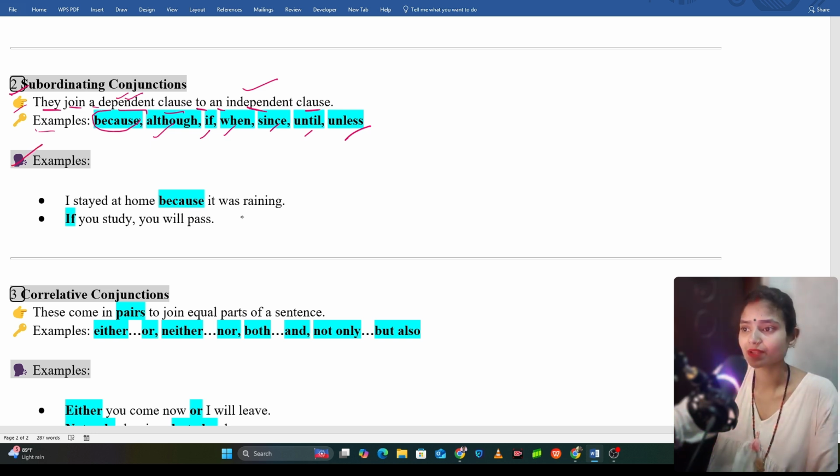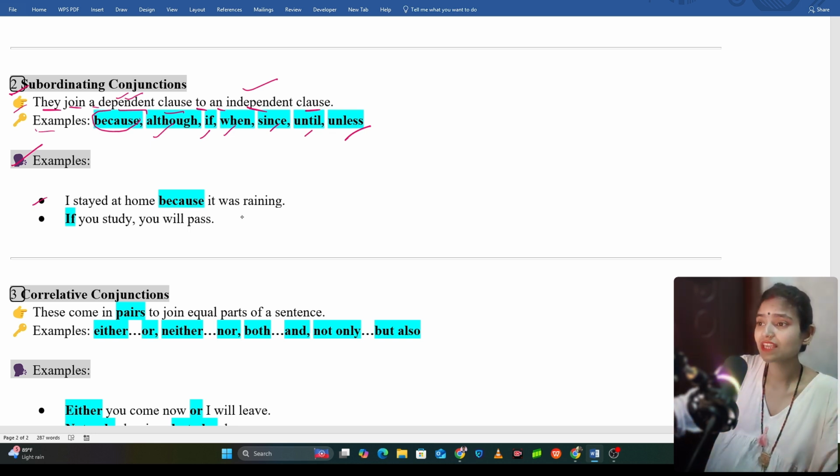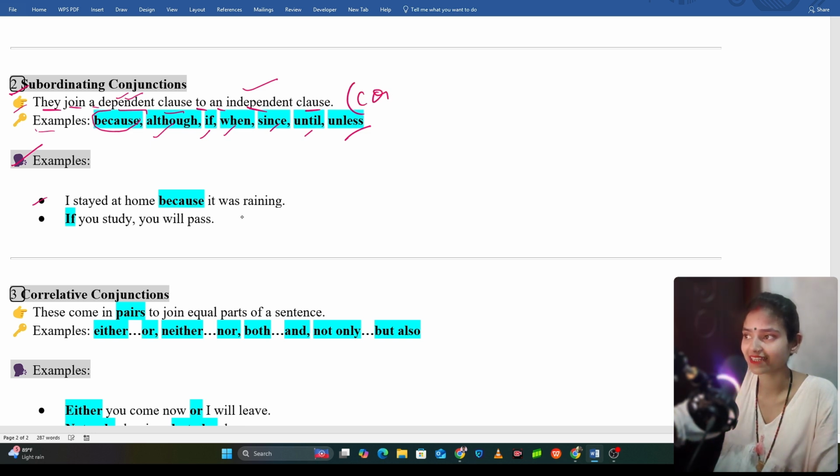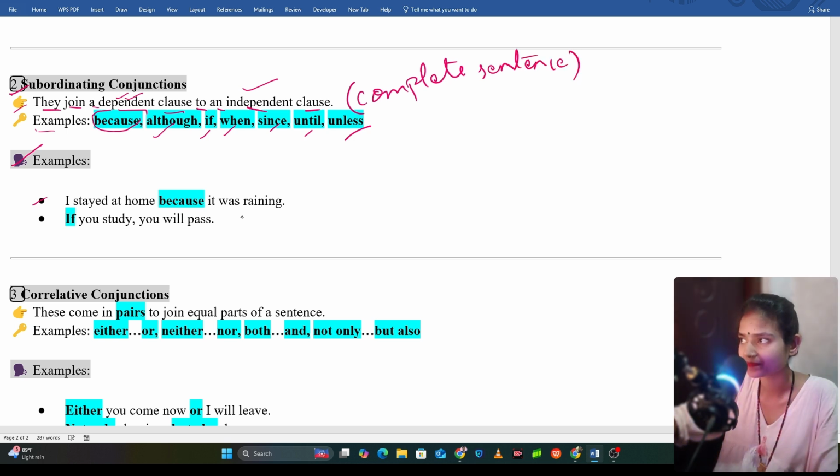Now see the example. We'll see the example, then we'll understand. Okay, number one is what? I stayed at home because it was raining. Okay, see here, where is the dependent clause? First we'll see where is the dependent clause and where is the independent clause. Now, an independent clause is also known as a complete sentence.